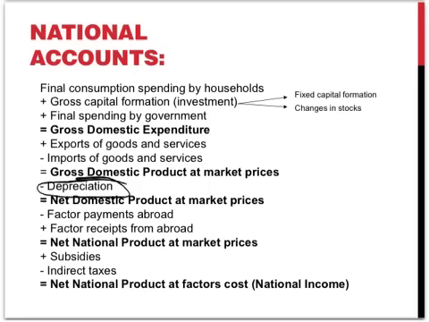You move from market prices to factor costs by adding the subsidies and subtracting the indirect taxes. Like I said, this is the difference between the value of national product at the prices paid by the consumers and the value in terms of the receipts of the factors of production, in other words, their incomes.